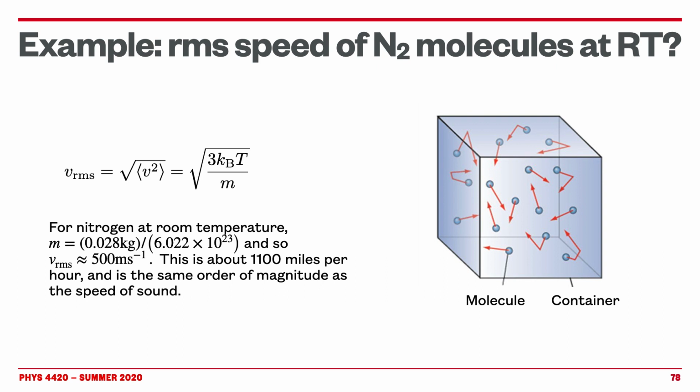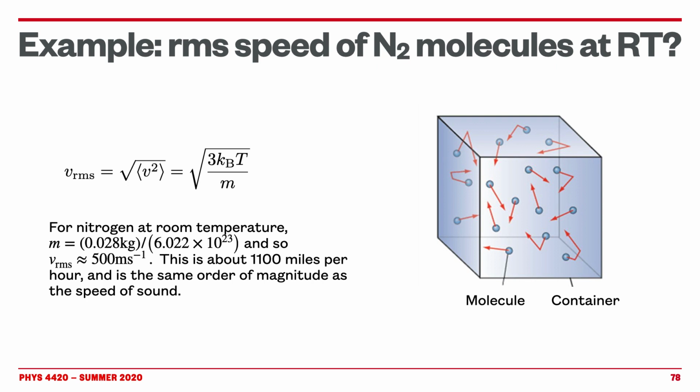We know the mass of a molecule, which is simply given by the molar mass divided by the Avogadro number. And then we find that the root mean square velocity of this nitrogen molecule in a gas is about 500 meters per second.